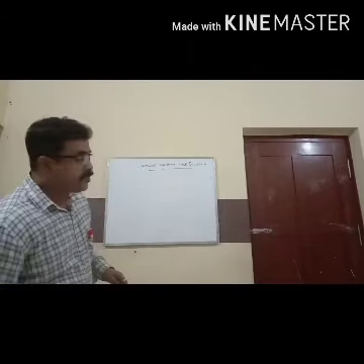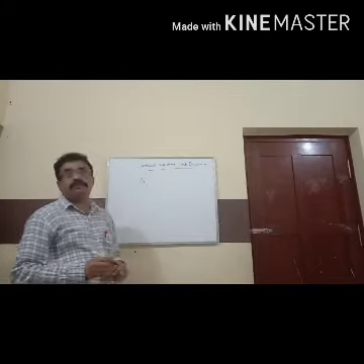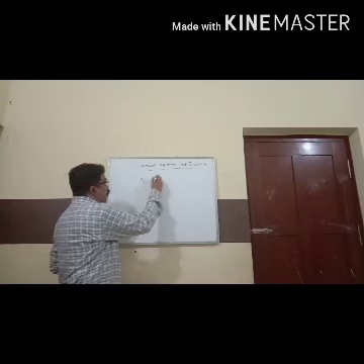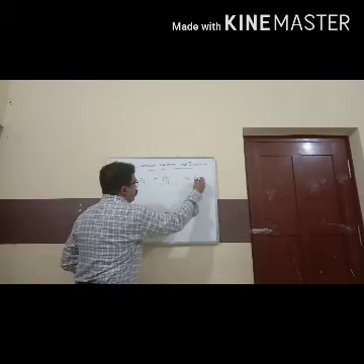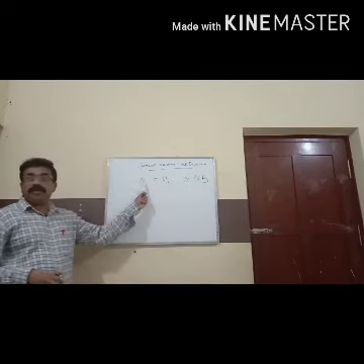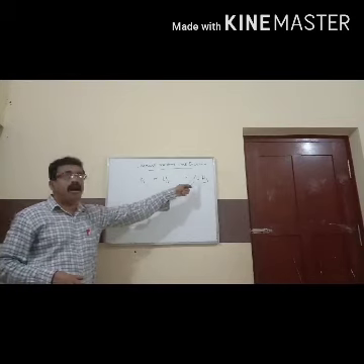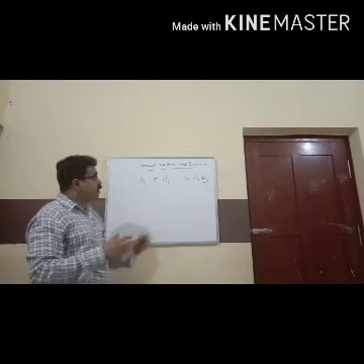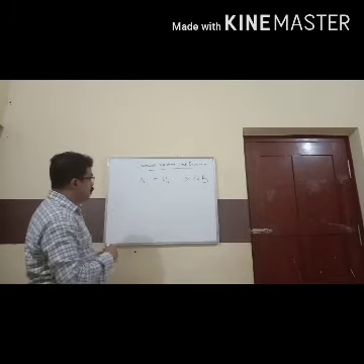So the next one is N2, nitrogen molecule, reacting with hydrogen molecule to form ammonia. Nitrogen reacts with hydrogen to form ammonia. So you see it's not balanced. It's a skeletal equation, it's not balanced.